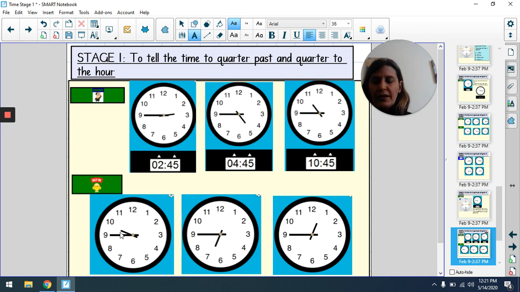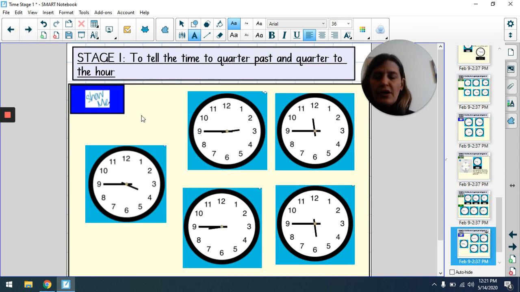Right, you have a go at these. Just do it in words first of all, and if you're feeling super confident, you can have a go at the numbers as well. The hour hand is almost on the 10, quarter to 10. The hour hand is almost on the 7, quarter to 7. And the hour hand is almost on the 1, quarter to 1.